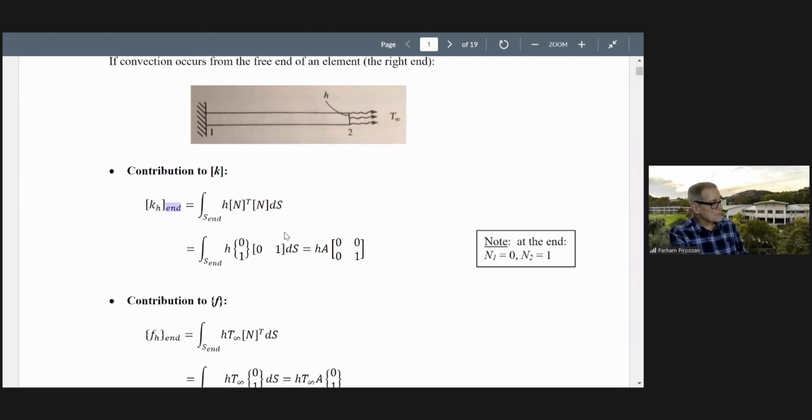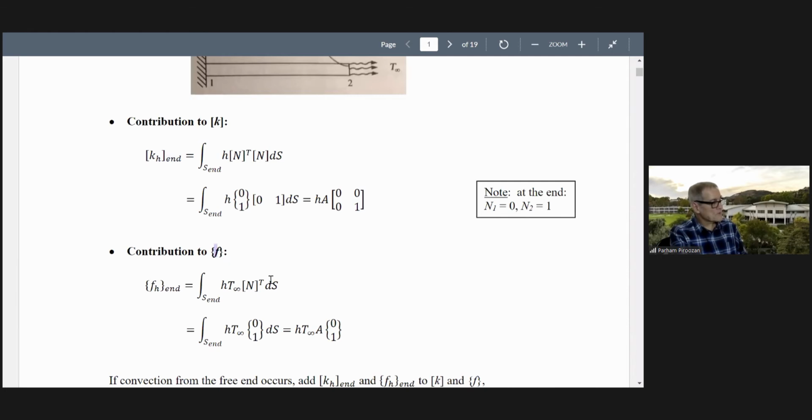Now, it has some contribution to F also, the heat flow vector. It is given by this: H T infinity N transpose dS. This is the formula I showed you, that general, very important formula. It comes from here.